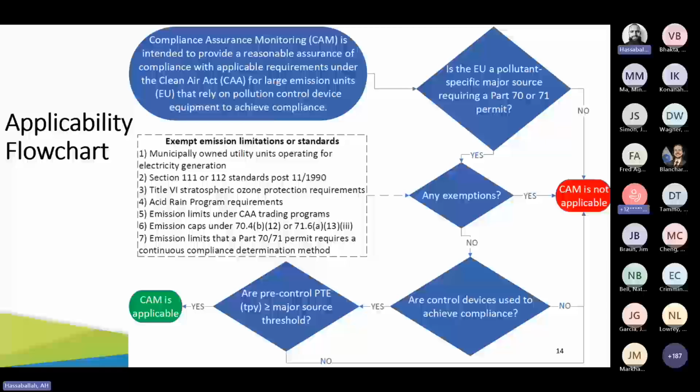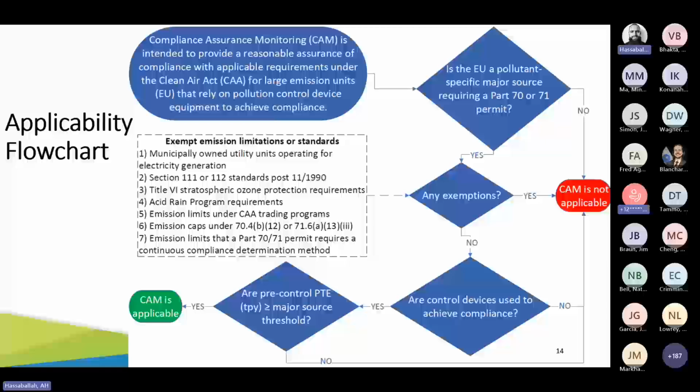And it generally flows in a clockwise direction where every step is sort of a gate or an adventure where if you pass it, you can move on to the next stage until you ultimately reach CAM applicability.